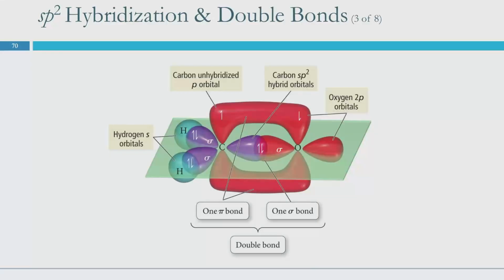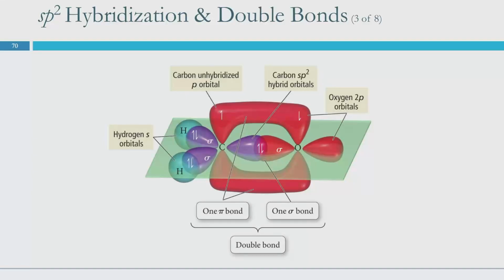And then we've also got the CO bond that's going straight. But we've got a third thing, or a fourth thing, and that's the p orbitals. The p orbital from carbon that's unhybridized interacting with a p orbital from oxygen. And this is sticking up. It's also sticking down.